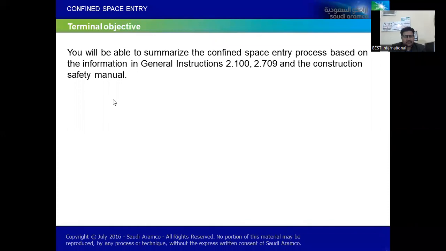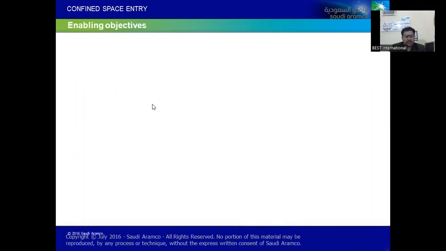So the terminal objective of this course is that we'll be summarizing and understanding some of the requirements as per GI 2.100 or 2.709, and the Construction Safety Manual as well. And what are the enabling objectives?